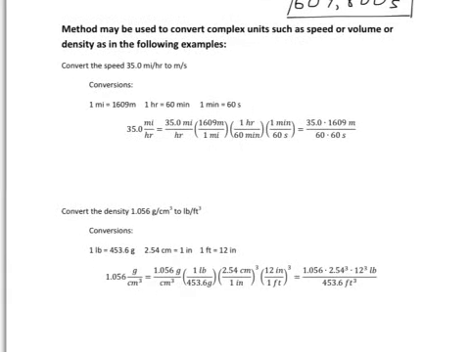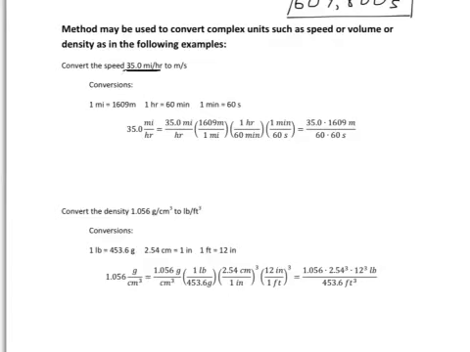Next, I want to illustrate how the method can be used to convert a complex unit such as a speed or a volume or a density. Speed or volume or density, we'll take speed as an example, is typically expressed with a compound unit. And so for instance, we express speed in everyday life as miles per hour, which consists of a distance unit in the numerator and a time unit in the denominator.